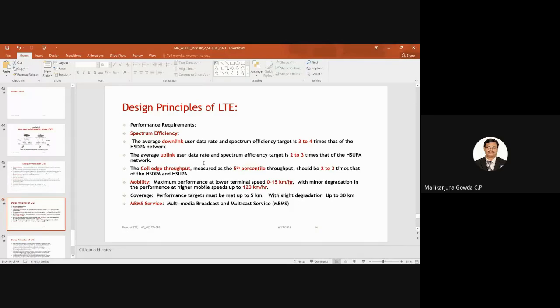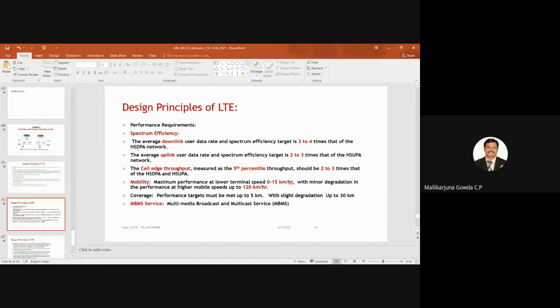Okay. So to discuss with respect to the spectrum efficiency, the average downlink user data rate and spectrum efficiency is targeted up to 3 to 4 times more than the earlier network. So earlier network is what?